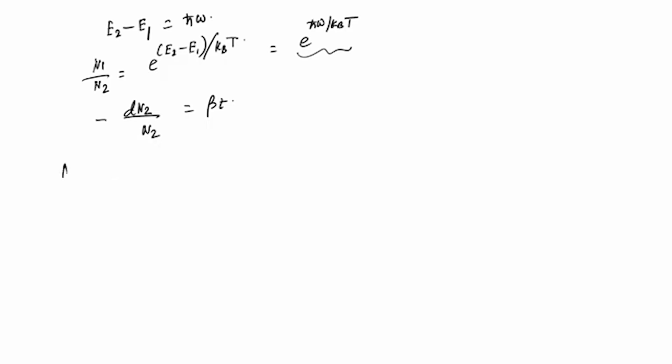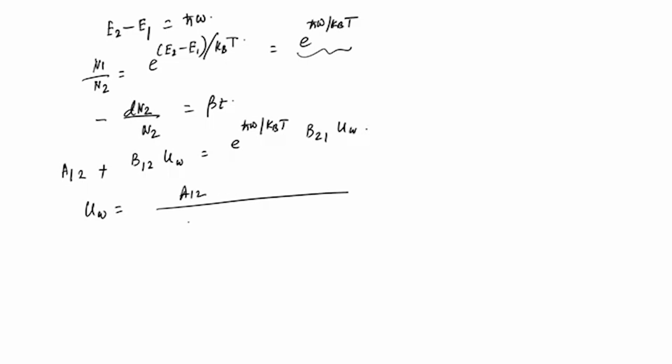if you want to calculate u omega, then B12 u omega is equal to the exponential of H cross omega by kT times B21 u omega, and so u omega is equal to A12 divided by exponential H cross omega by kT into B21 minus B12, and so on.